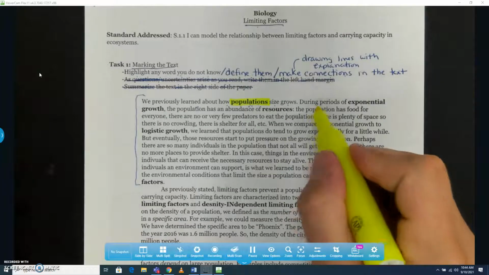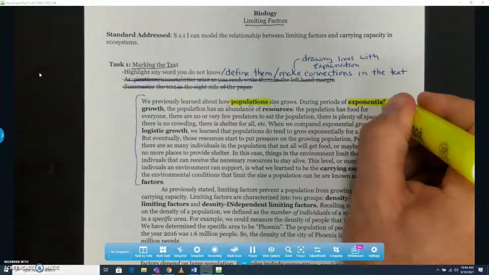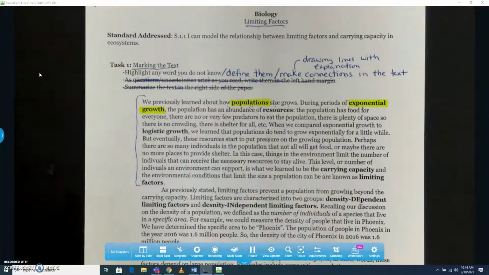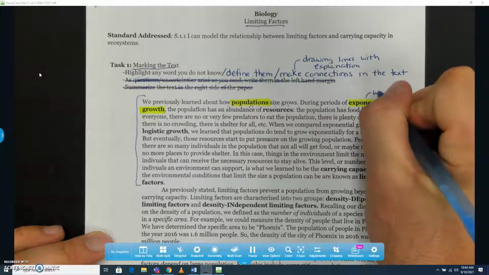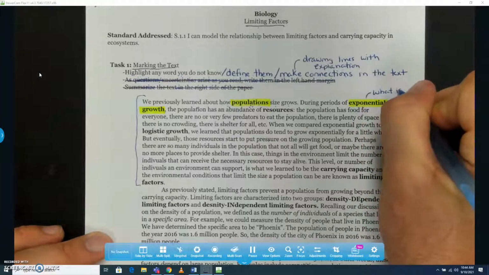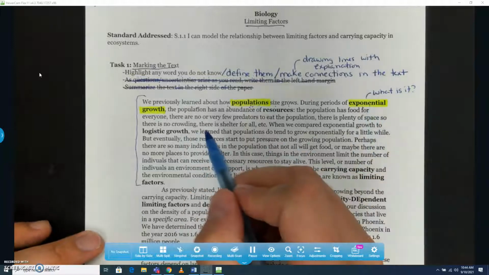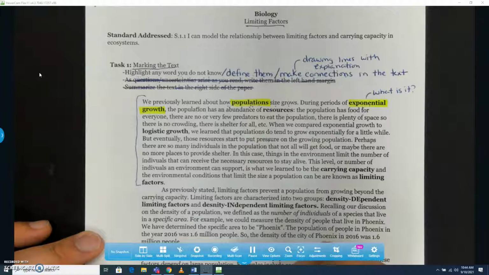During periods of exponential growth, another vocabulary term. And as I start to look at population or exponential growth, I maybe ask myself, what is it? If I come across a word and I don't know what it is, hopefully I can figure out what it is as I read through.